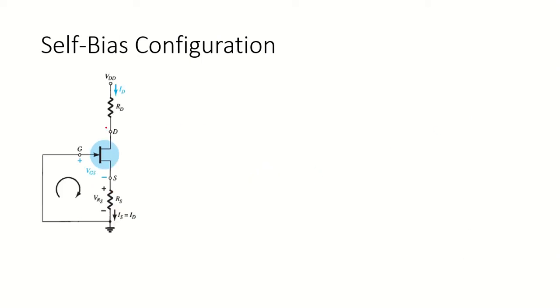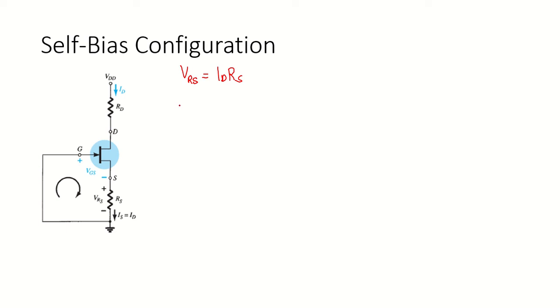So the current through RS is the source current IS, but IS is equal to ID. So the voltage across RS is equal to, by Ohm's law, ID RS. So for the indicated loop here, in this direction, we will take KVL.